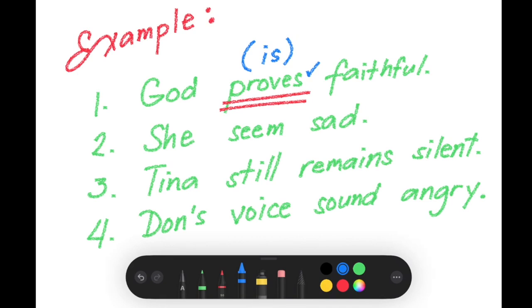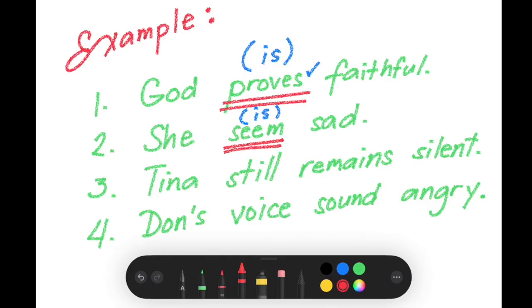She seems sad. Our verb here is seem. Seem is a state of being. And to test whether it is really a state of being, you can replace it with is again. And if it still makes sense, she is sad, then seem there is a linking verb. Alright?